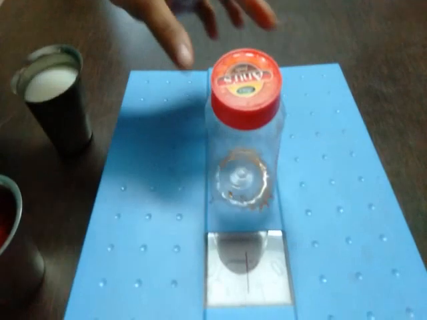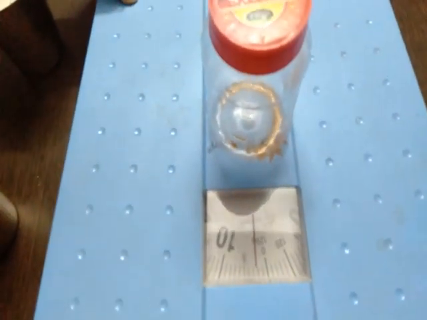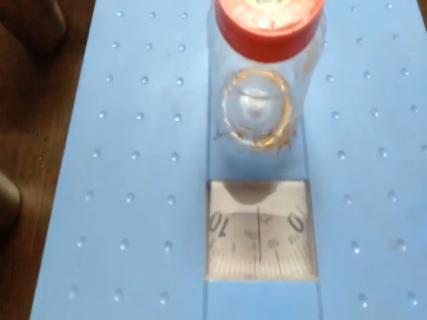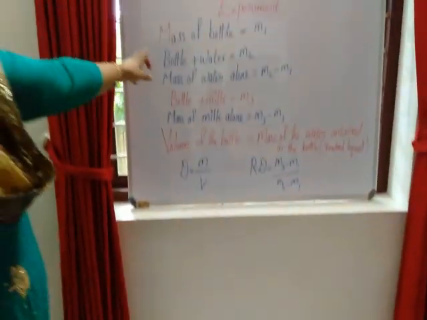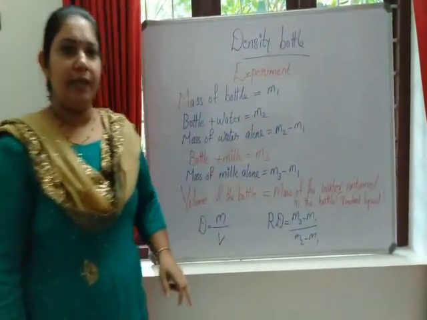So the first step is to find the mass of the empty density bottle. Find the mass of the empty density bottle and write the reading here. We write the mass of the empty density bottle as M1.